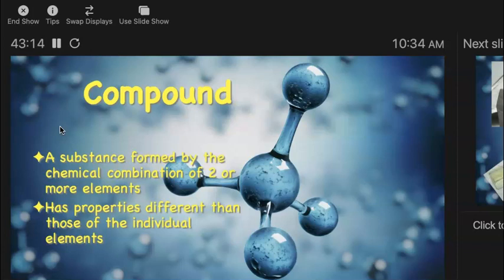Water's another great one. Water's truly amazing. It's one of the few, if not the only substance that exists in all 3 states of matter at the surface of the earth, right, under normal circumstances. But just, again, at base level, hydrogen's a gas, oxygen's a gas. You mix these 2 gases together, you get a gas or, as we said, a liquid or a solid.